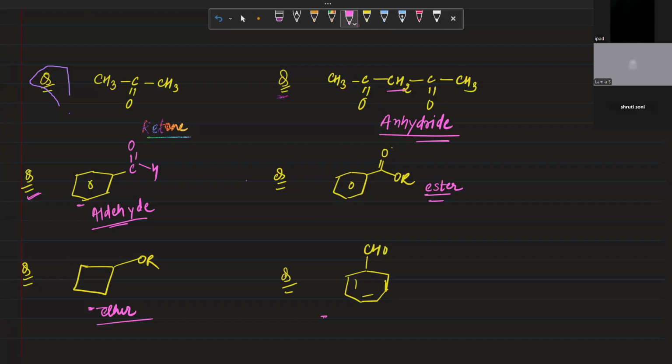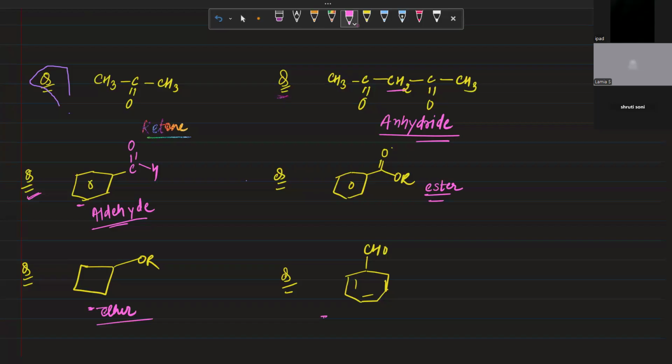Yeah, sorry, that's mercury. Hg(OAc)2. What is OAc over there? Is it an anhydride? I don't remember that actually. Acetate. OAc is the acetate ion. Okay, acetate.